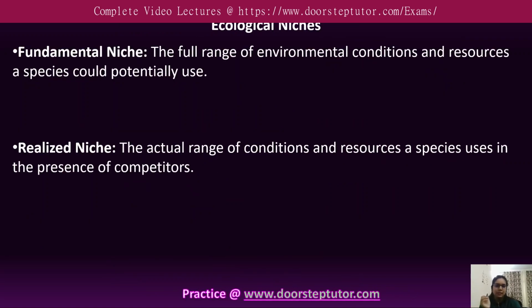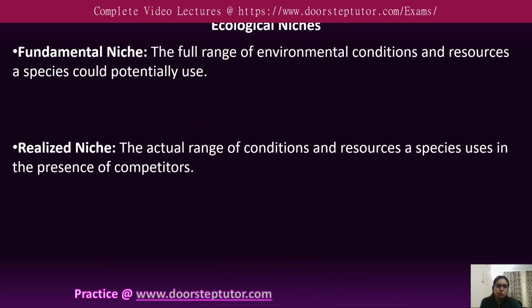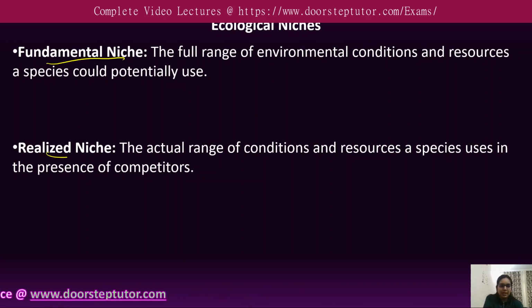Next is the ecological niche. The ecological niche can be of two types, the fundamental niche or the realized niche. The fundamental niche means the full range of environmental conditions and resources the species could potentially use.